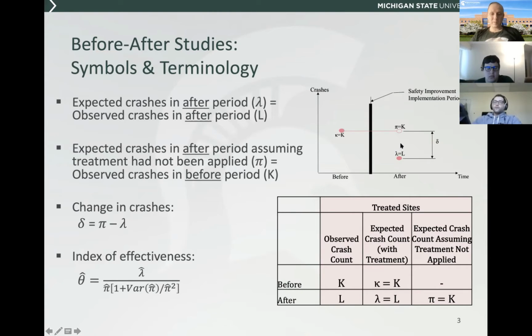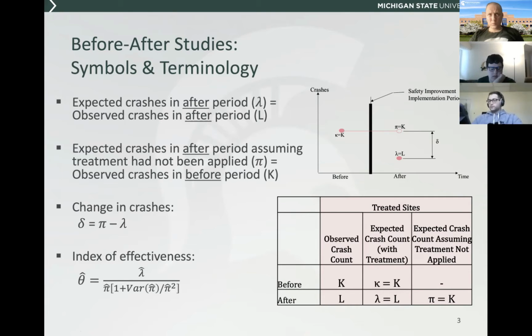And so when we talk about lambda, that's basically the number of crashes that we're expecting in the after period. For all practical purposes, that's the number of crashes that we would actually observe after that treatment's been implemented. Because if we look at the after period data, we don't have the same concerns with the regression to the mean as we would in the before period, because generally speaking, we're assuming that after period data is random and representative.